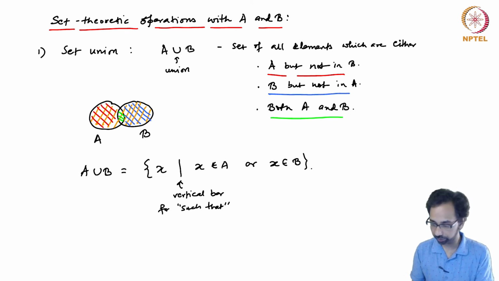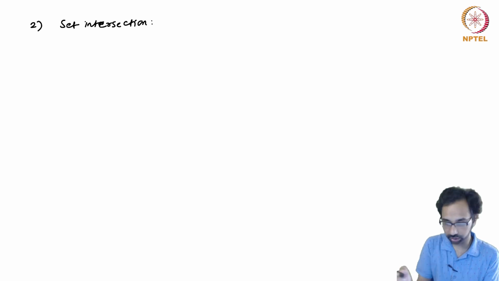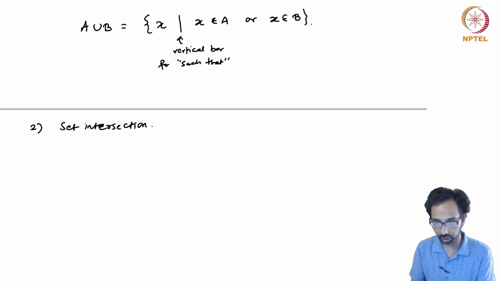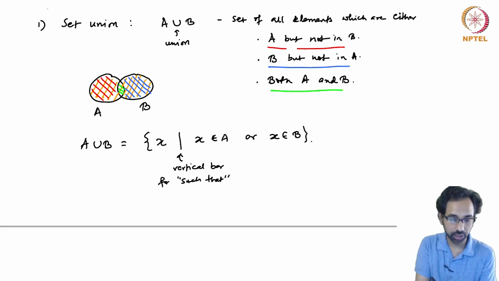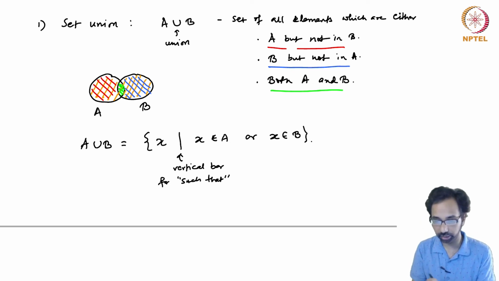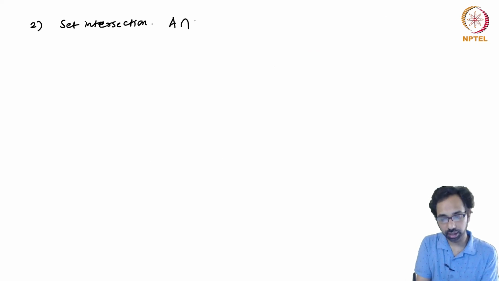Similarly, we have other set operations. So set intersection, which is really just the third one here, which is both A and B. Okay, so this is the green shaded region in this Venn diagram, and so we write A intersection B like this with an upside down cup symbol.